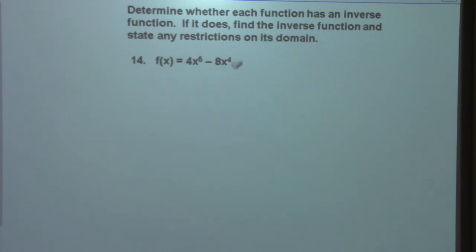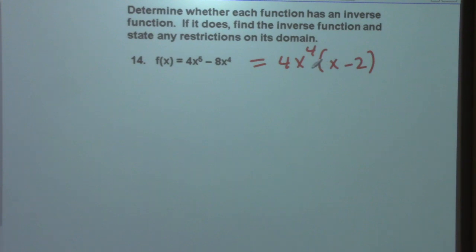I guess we could figure it out without graphing if we broke this down. We could factor out 4x, and we'd have left, no, 4x to the fourth actually. 4x to the fourth, then we'd have x minus 2.